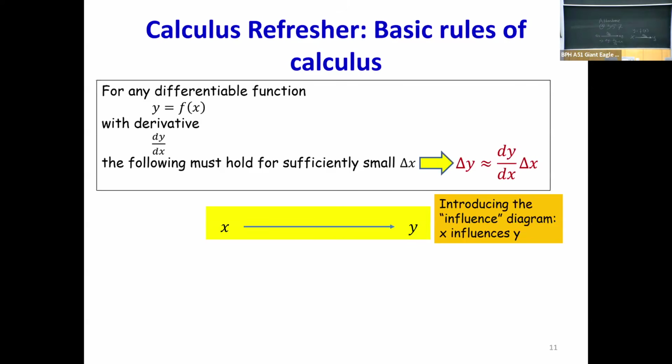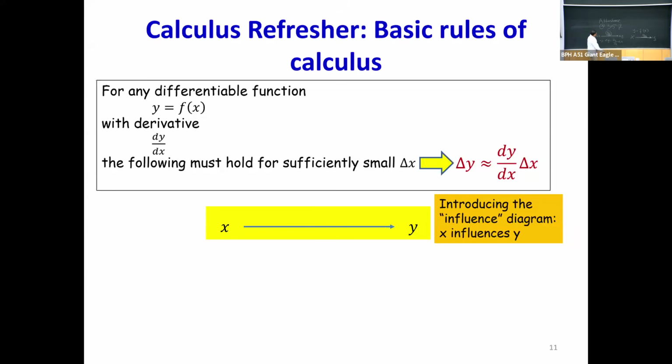Or the second diagram, when we define dy by dx, a small change in x will result in a small change in y. But now that we're saying that a change in y is dy by dx times a small change in x, I'm not able to understand the essence of that. Could you tell that again, sir?